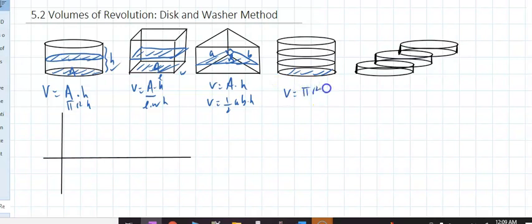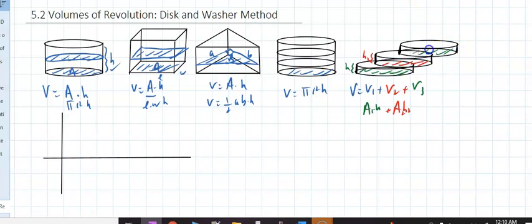Area of the base is pi r squared times the height. Here it depends whether those are equal or not. Here I would say the volume will be v1 plus v2 plus v3. v1 will be a1 times its height, plus base 2, area of that base, times its height.